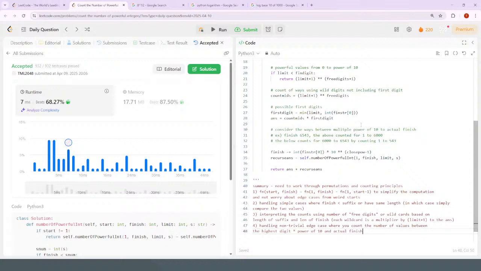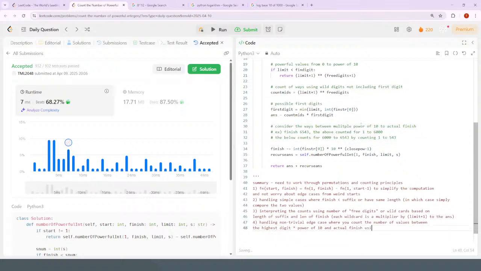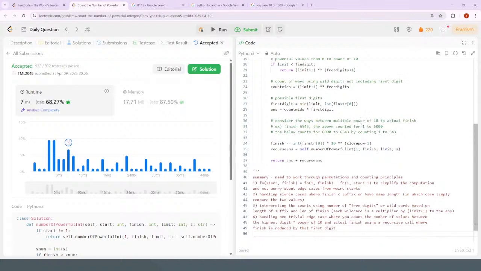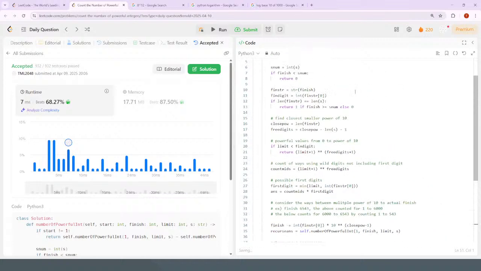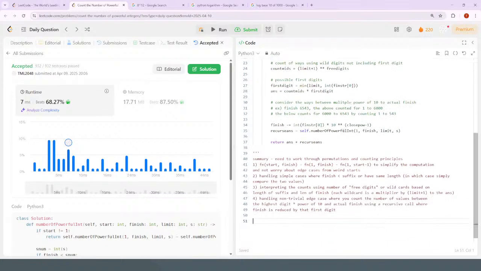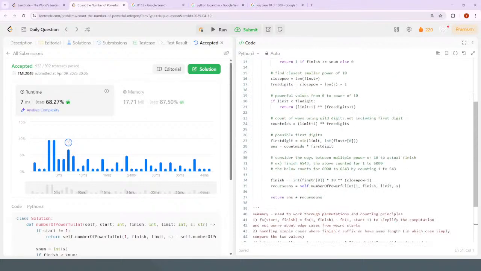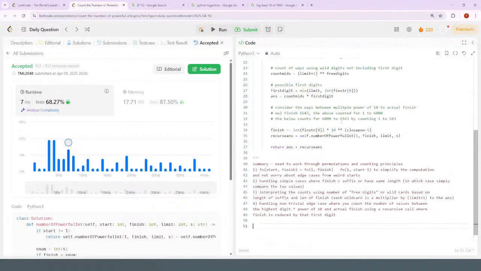And that's using a recursive call where finish is reduced by that first digit. All right. Yeah, I'm not sure if I can explain this any simpler, since even I have trouble understanding what I did.